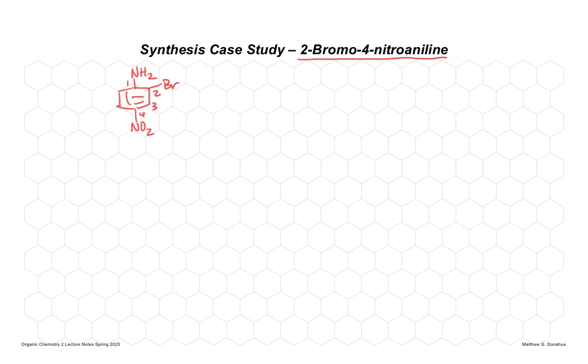We can no longer use ortho-meta-para. And we have this substitution pattern. If we look relatively speaking, we could say this is a 1, 2, 4 tri-substituted benzene.